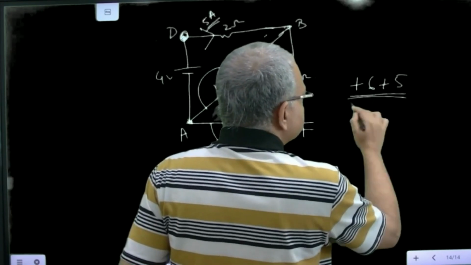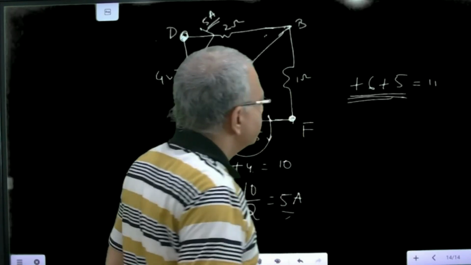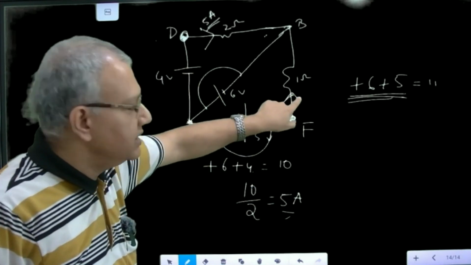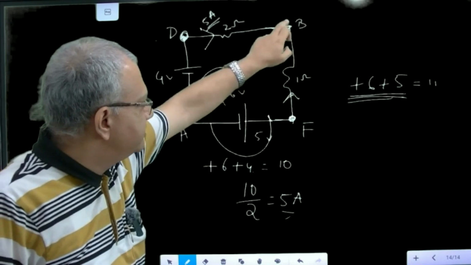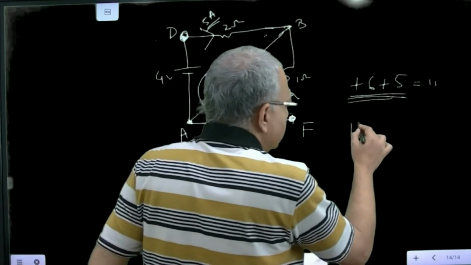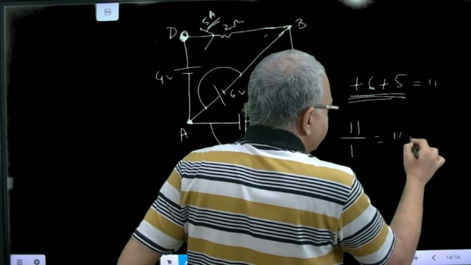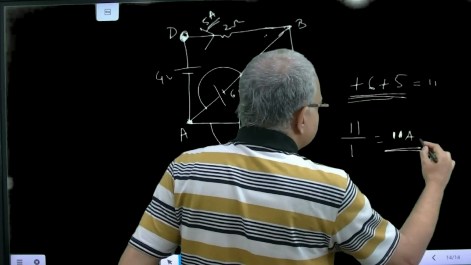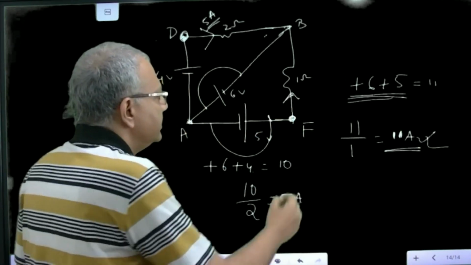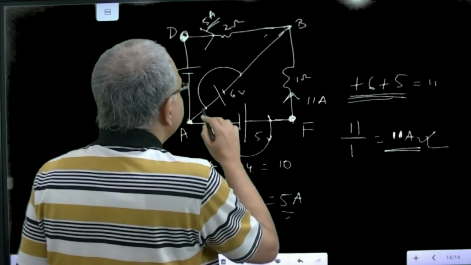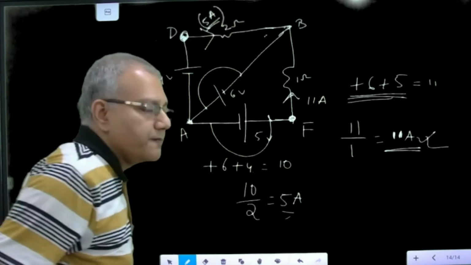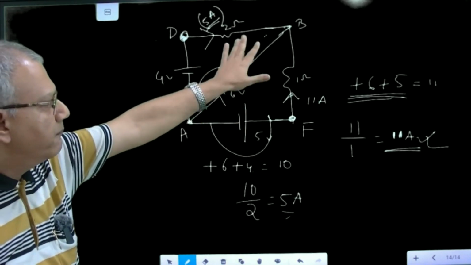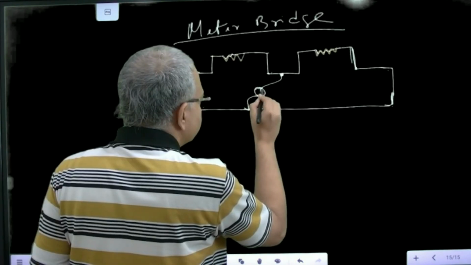This is 5, 11. So this point is 11. So what is the current that is going to flow in this direction? 11 by 1, 11 ampere. Simple. In this direction, 11 ampere is flowing. In this direction, 5 ampere is flowing. In this way, we can solve branch currents.